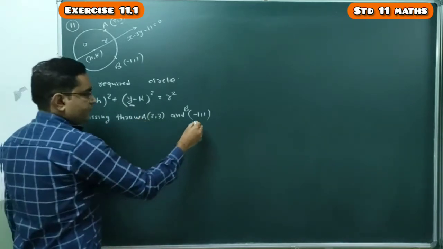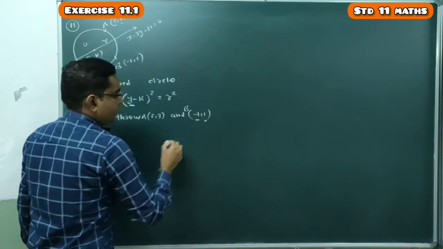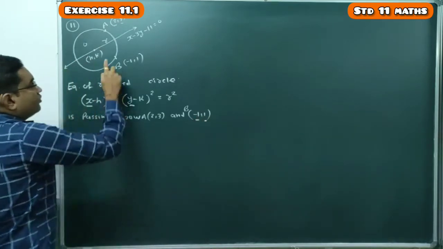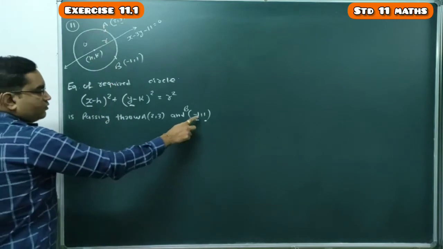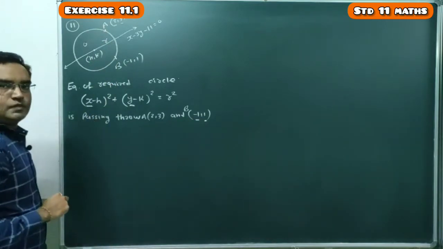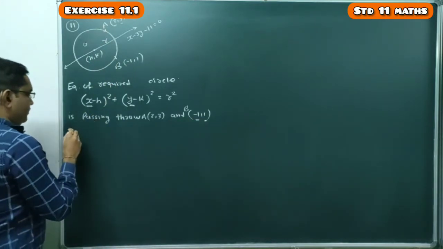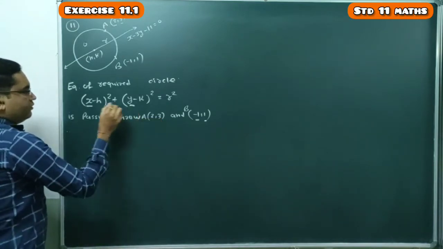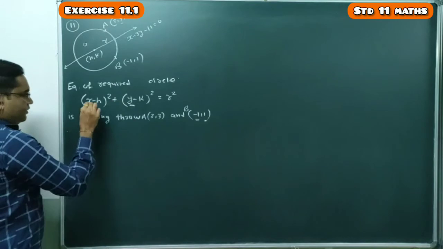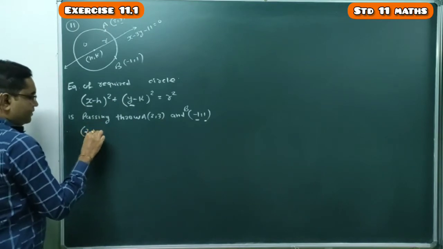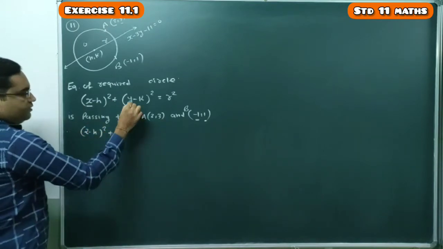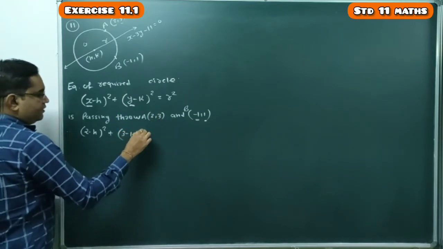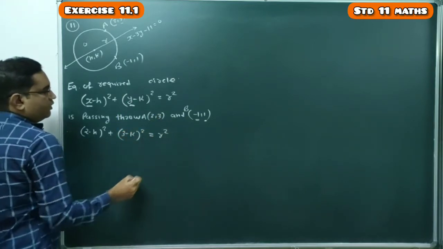In a similar manner, the other point, point B, whose coordinates are minus 1 and 1, also lies on the circle, so it will also satisfy our equation. So we are getting 2 equations. The first: x equal to 2, y equal to 3. Put it over here: 2 minus h whole square plus 3 minus k whole square equal to r square.